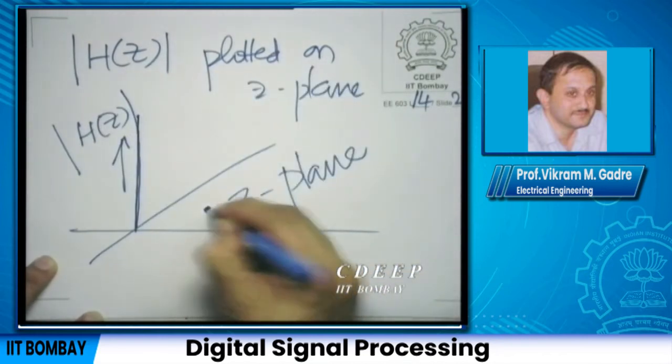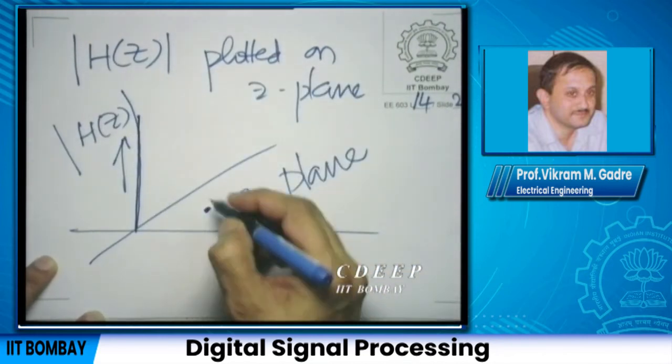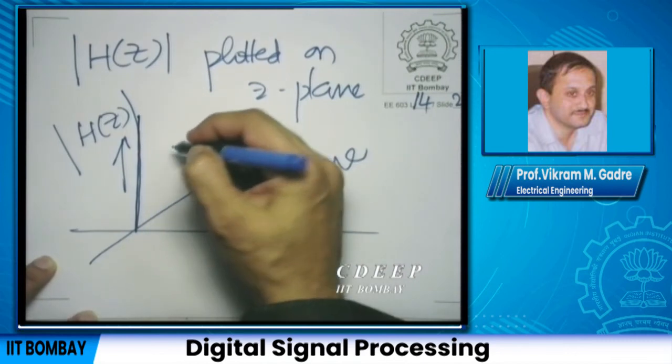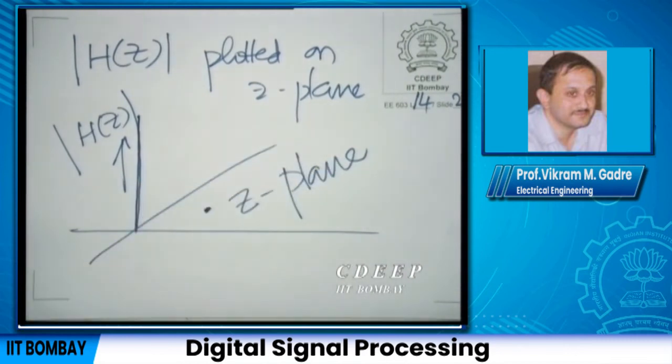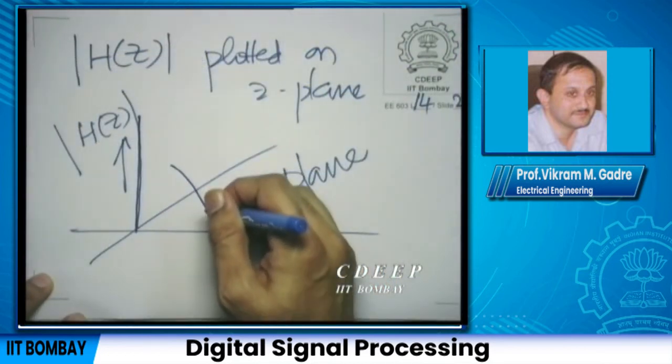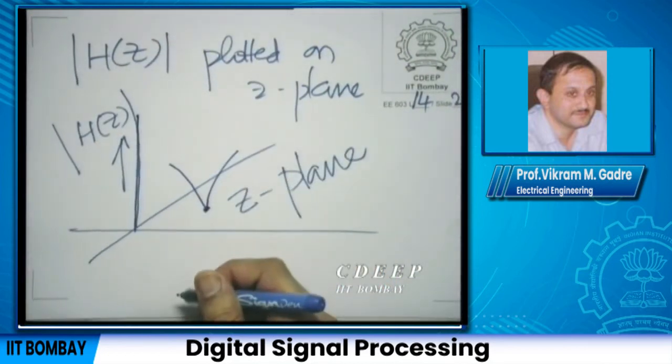Now, wherever there is a 0, you can visualize mod Hz now as a tent on this Z plane. That is easy to visualize, because a tent means it must be only above the surface, you can't have a tent under the ground, and that is true because mod Hz is non-negative. So, what happens to the tent? Wherever there is a 0, the tent joins the ground at that point.